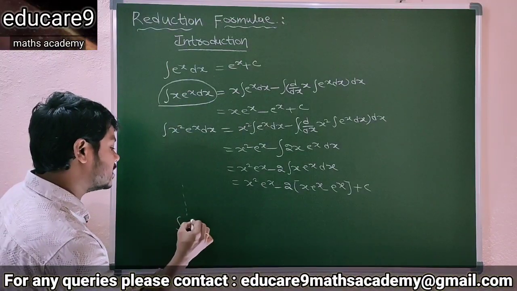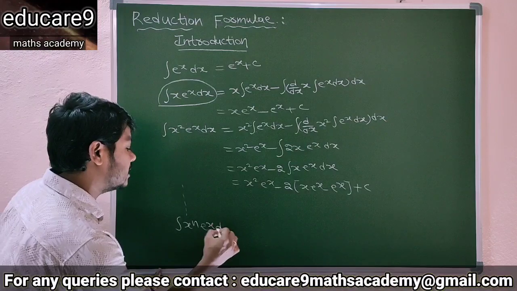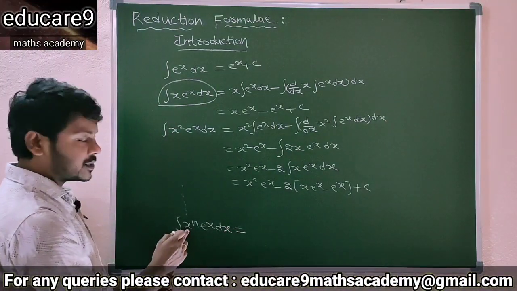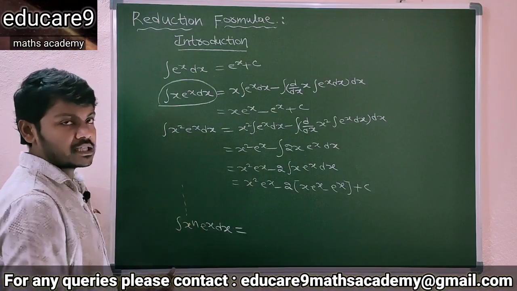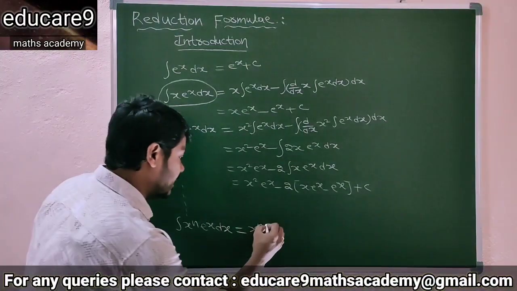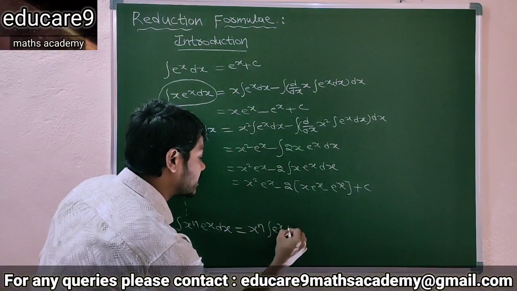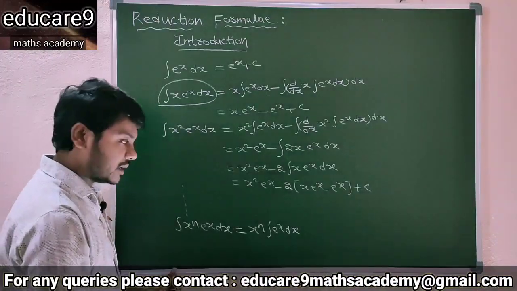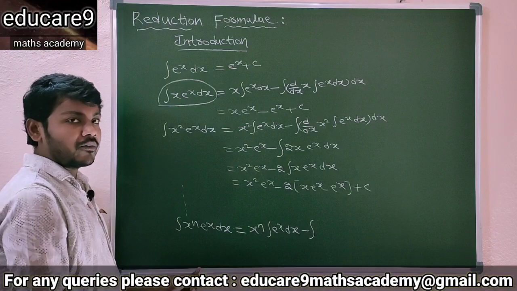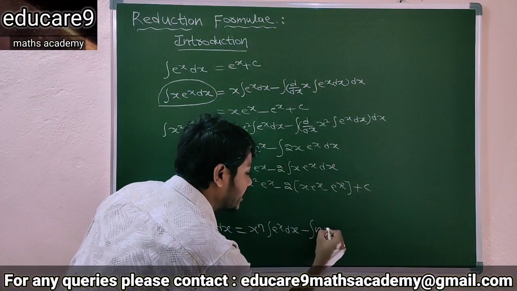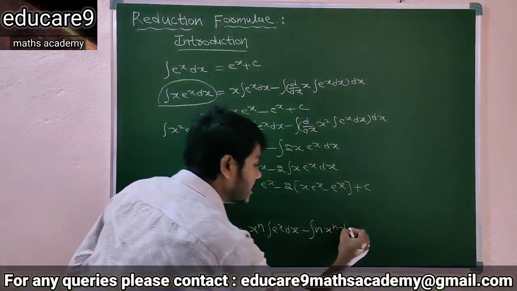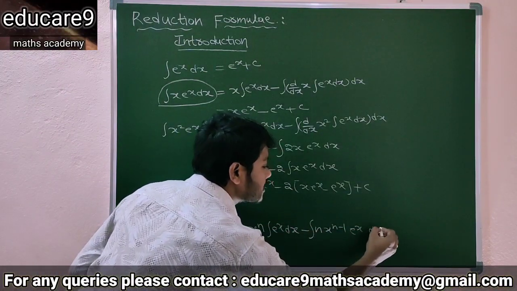Integration of x to the power of n e power x dx. Clearly x power n is the first function and e power x is the second function. So this is x to the power of n integration of e power x dx, next minus derivative of x to the power of n, that is n into x to the power of n minus 1, integration of e power x, that is e power x dx.